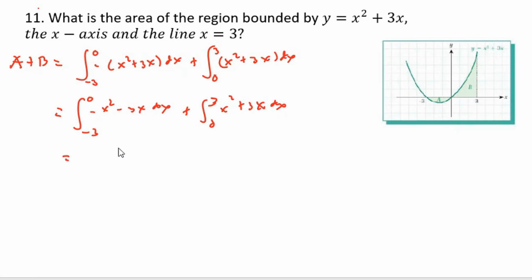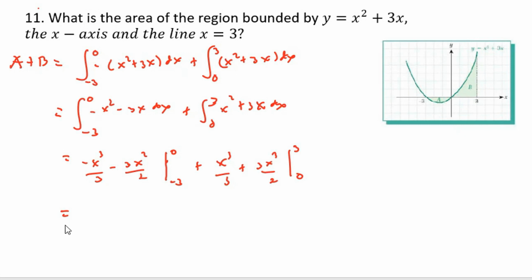Now integrating that, we have the negative of x cubed over 3 minus 3x squared over 2, evaluated from negative 3 to 0, plus, on the second term, x cubed over 3 plus 3x squared over 2 evaluated from 0 to 3. Using the fundamental theorem of calculus, this gives us the area of 27. You can just use your calculator.